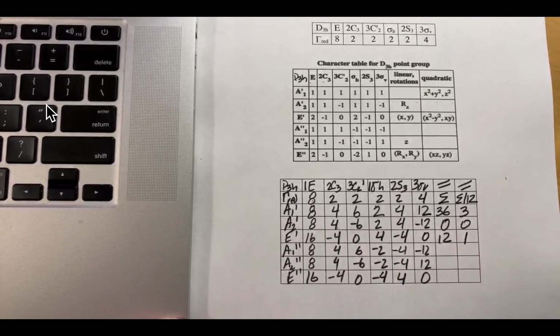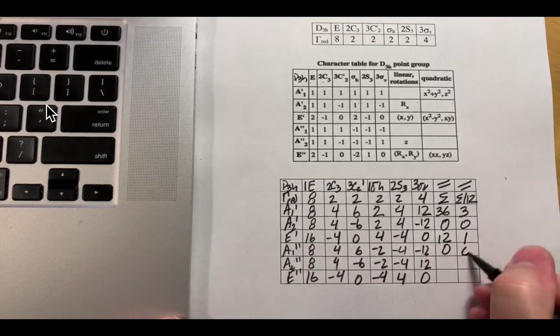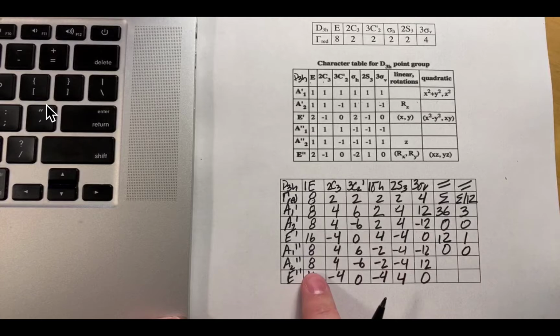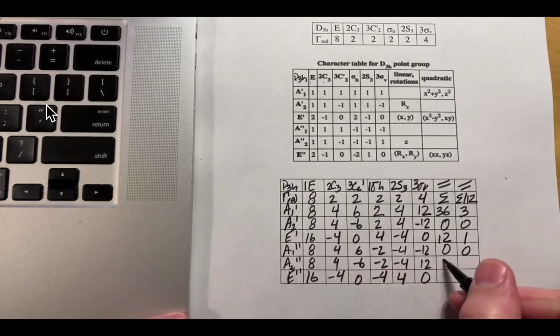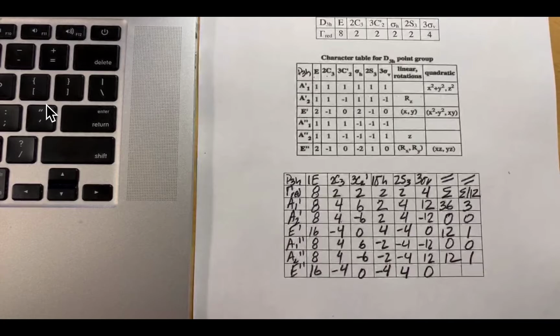In there one time. 18 minus 18 gives me 0, so 0. 8 plus 4 is 12. Minus 12 is 0. Plus 12 is 12, so it's in there one time.